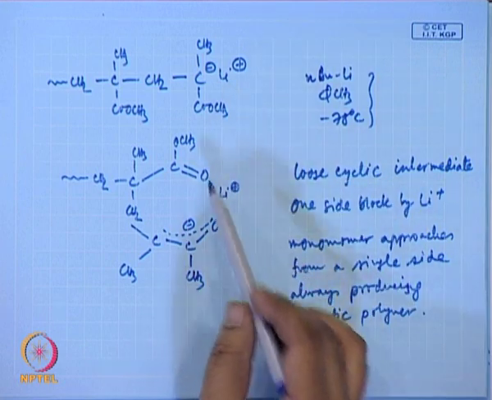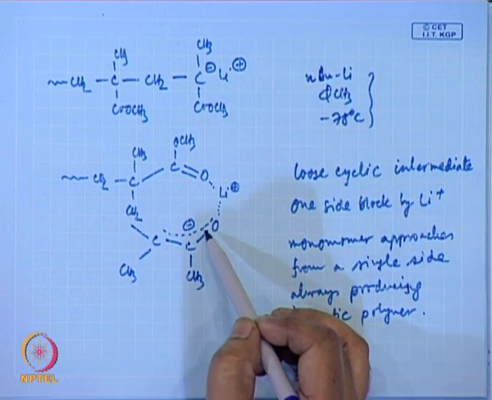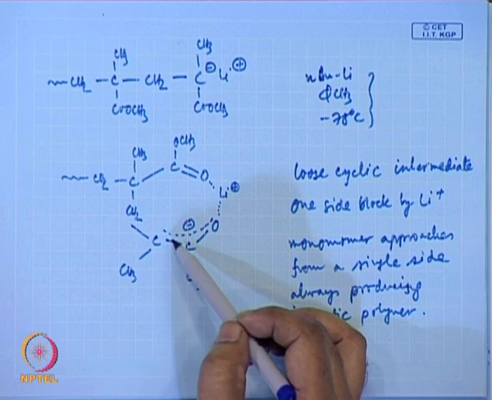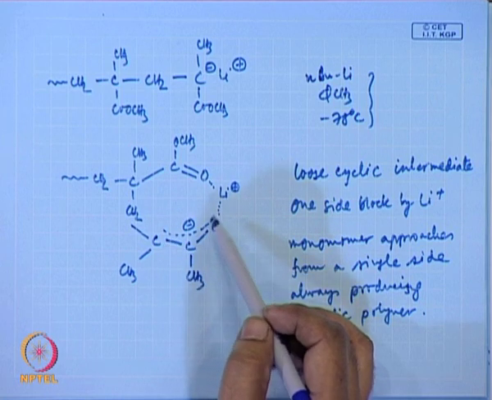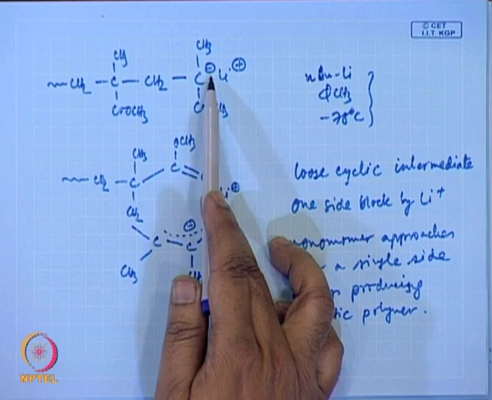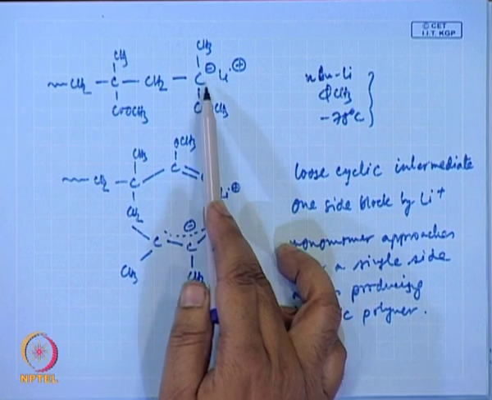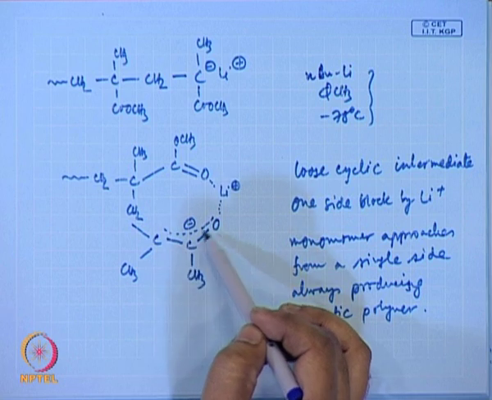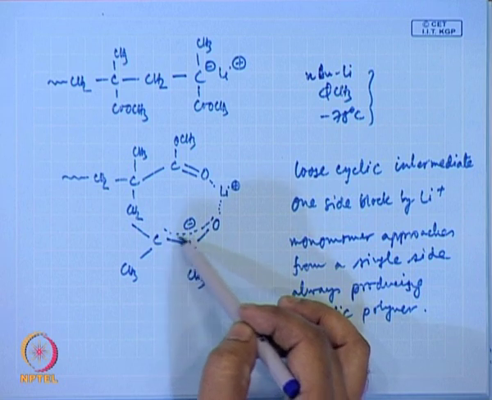Then you can imagine a situation like this, where because of resonance the ionic charge is distributed over three atoms.